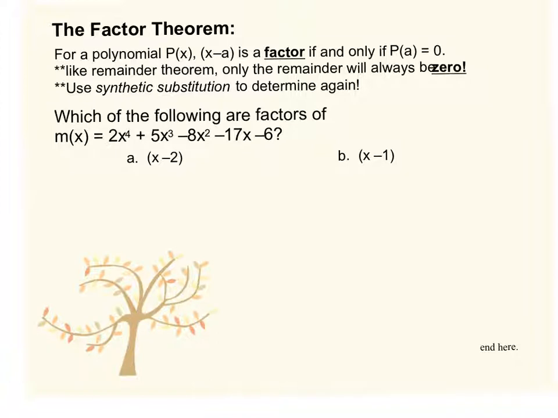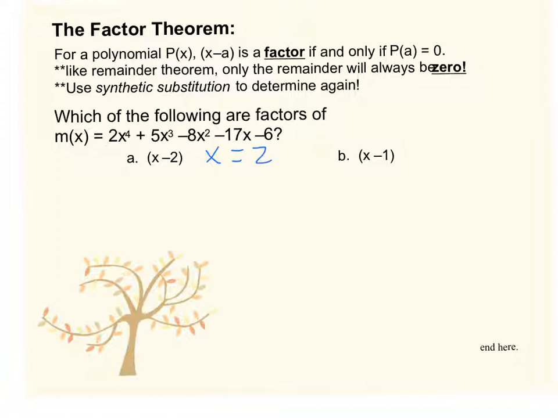All right, next we can use this fact to check for factors. Kind of a nice little thing to do. For example, if this were a factor, x minus 2, that would mean that x equals 2 is a 0.